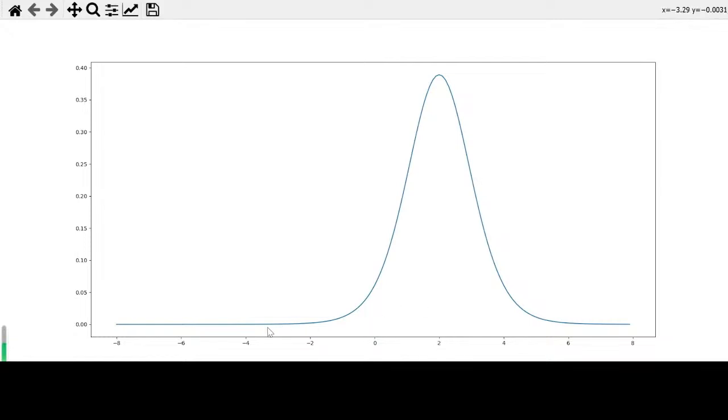So you can see that in this example the values are also symmetrical around 2. For example, minus 2's density is the same as 6 here, right?